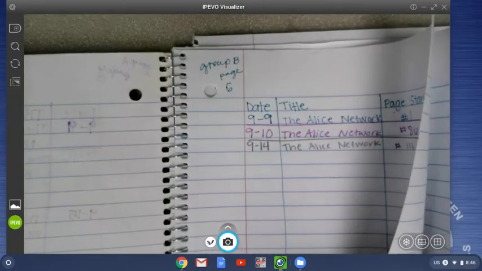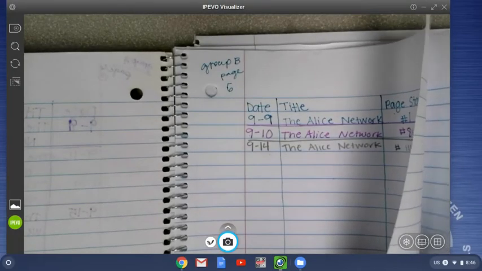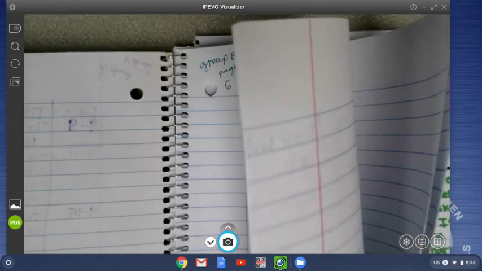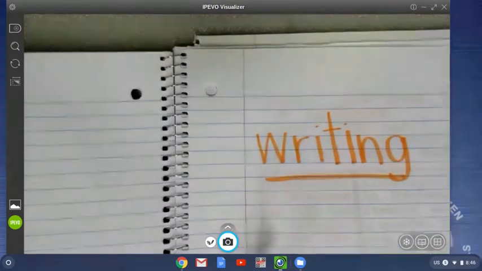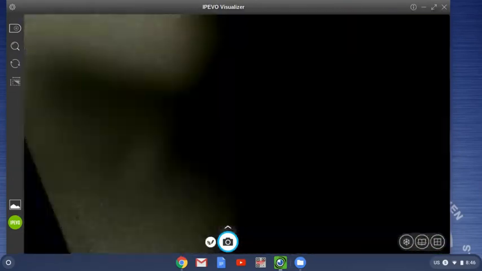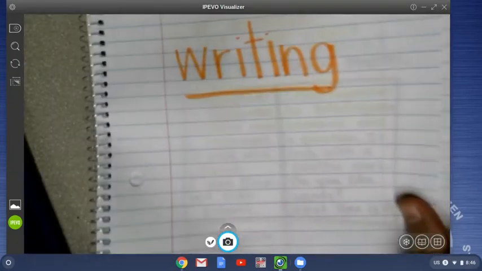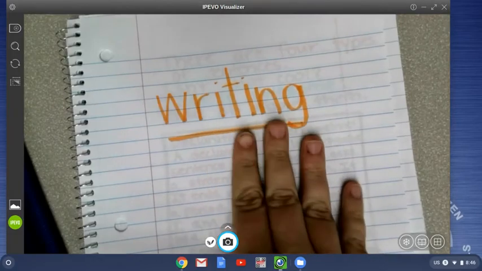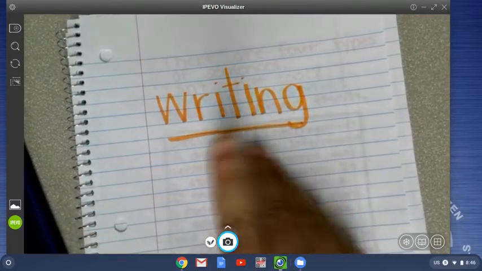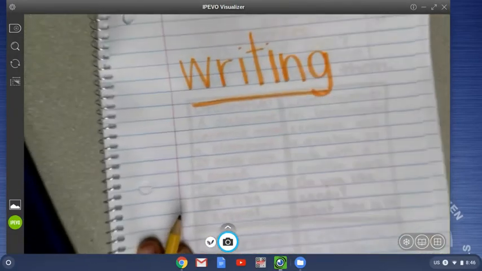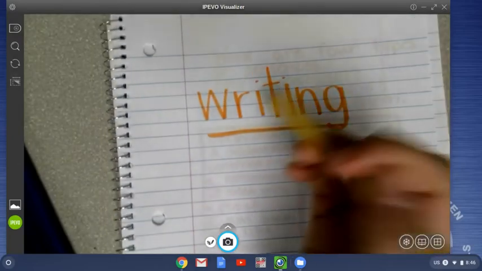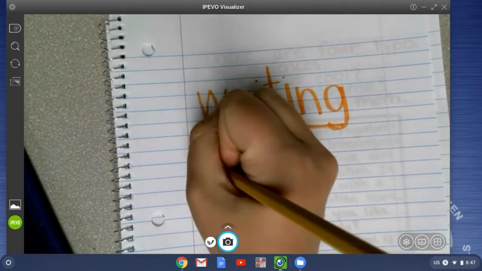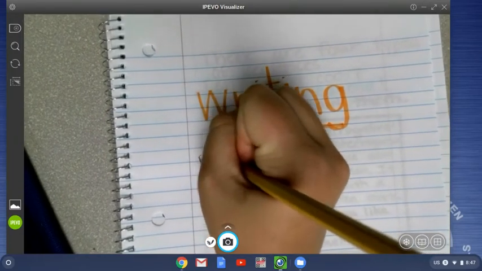Then I'm going to take a page and I'm going to write "Writing" on the front, okay? This is where we're going to house all of our writing anchor charts that we make, okay? So I'm going to write "Writing" at the top, and then I'm going to write page 1.